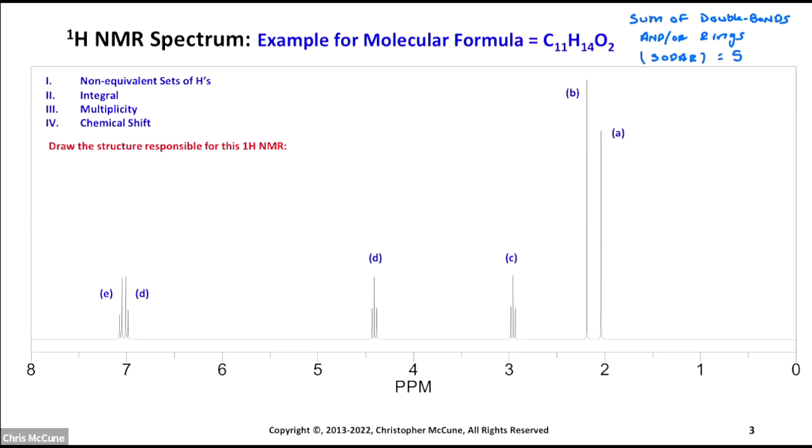But there's a big clue in this NMR as to what a lot of those are going to be resulting from. I've got aromatic hydrogens here around 7.